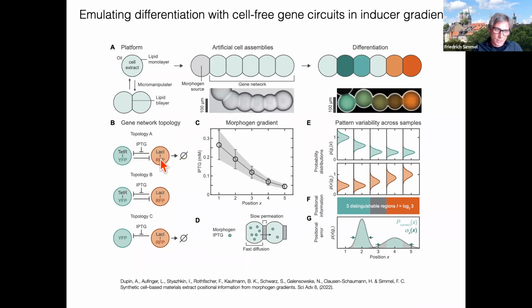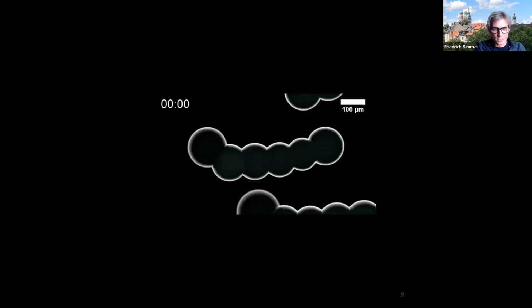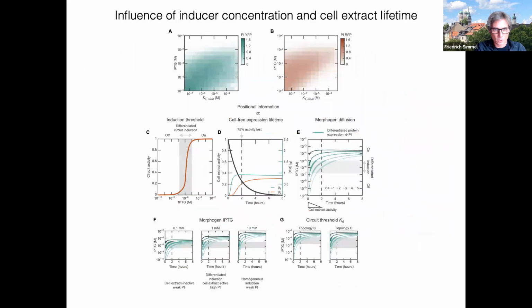That would require a longer-running cell extract, or cell-free expression, or expression under some kind of steady state, but that's not the case here. And we think this is one of the main reasons why the system doesn't behave so well.